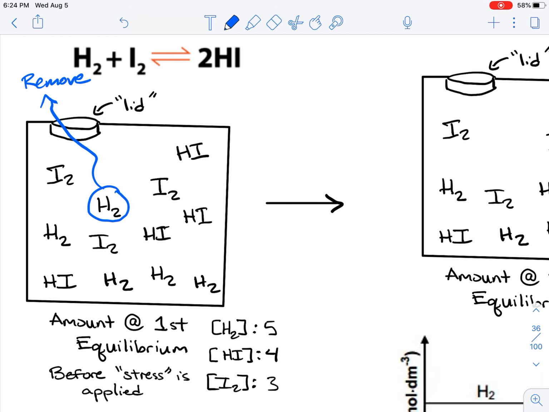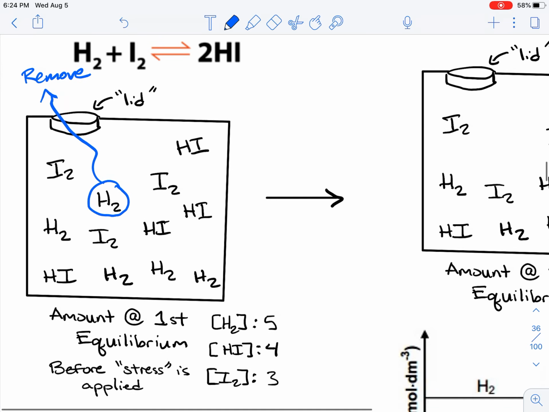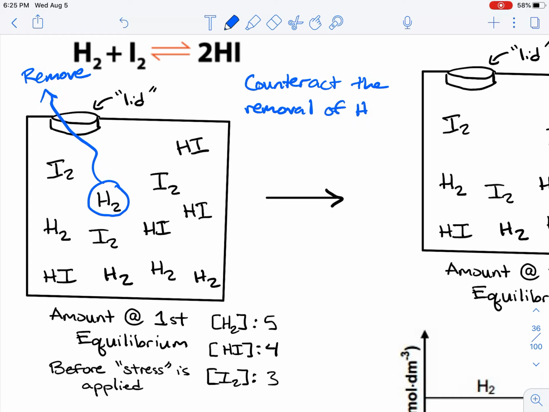And so when we remove this gas, let's see here. So to counteract the removal of H2, we need to increase this H2.